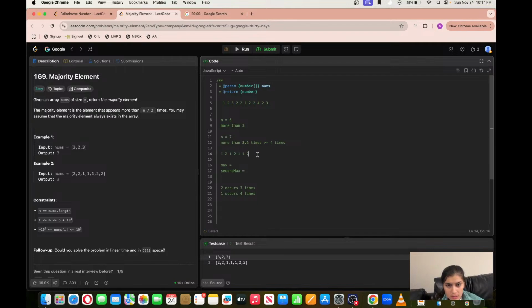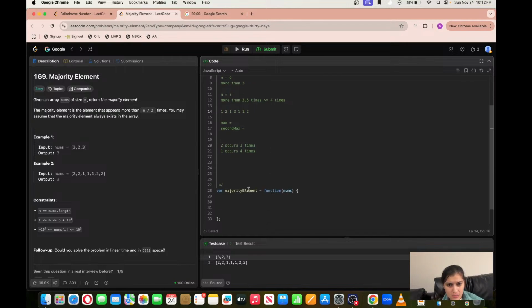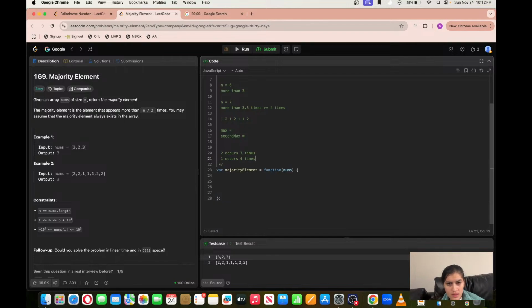So I can just keep track of one number, and if I find any other number which occurs greater, then I'll just say that, okay, that is the maximum. Yeah, I think this is it. This is the way. There is no other way, because I will have to keep track of 2 numbers always, maximum, second max.